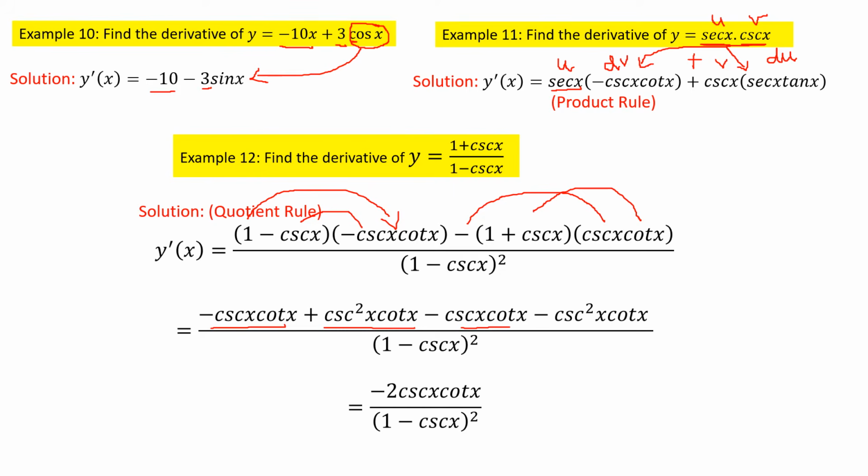So here this term and this term get cancelled. We are left with the first term and the third term. By adding this will give you minus 2 cosecant x cot x over 1 minus cosecant x power 2.